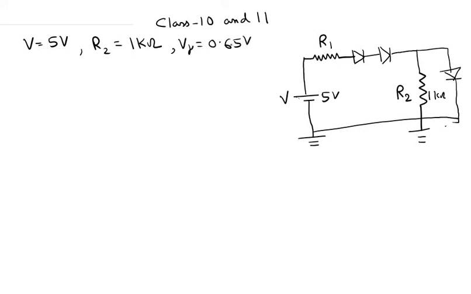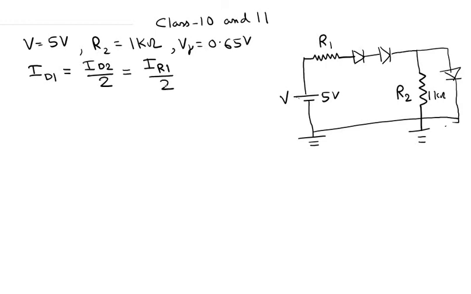And we are given another piece of information that this circuit is such that the current ID1 is equal to the current ID2 divided by 2, which is equal to IR1 divided by 2.